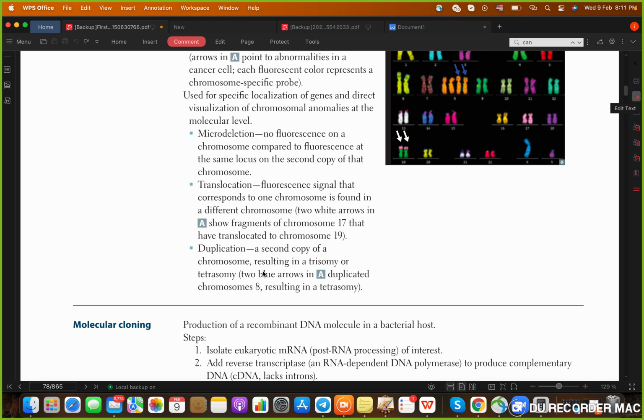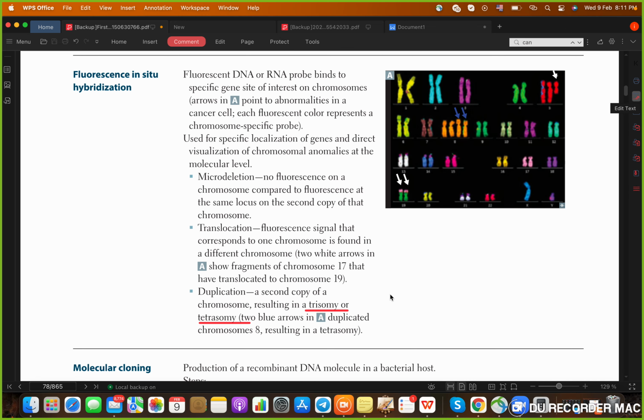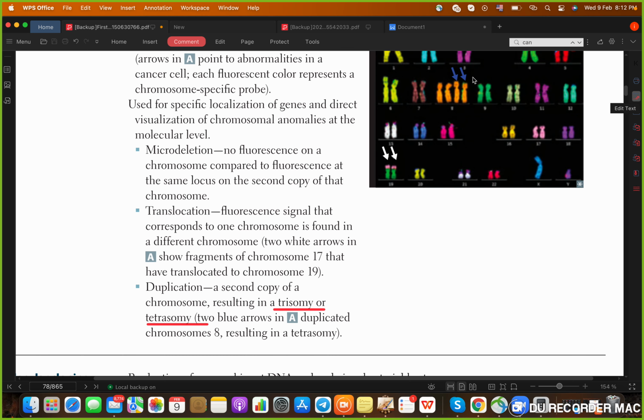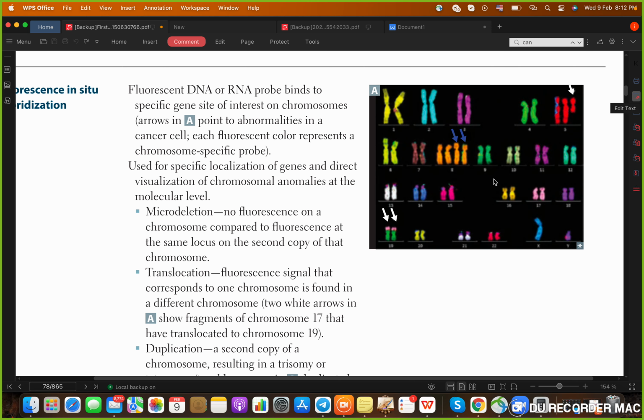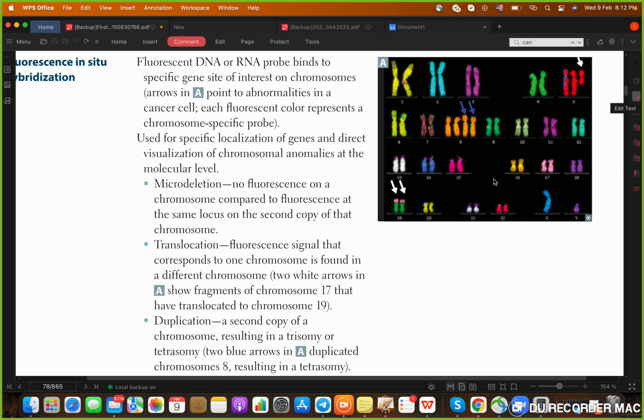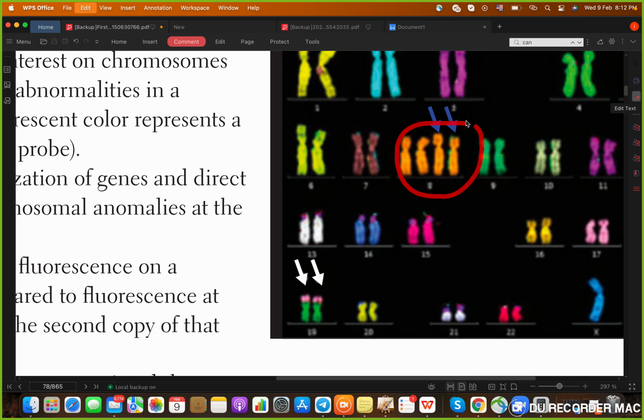Duplication, a second copy of a chromosome resulting in a trisomy or tetrasomy. The two blue arrows show duplication of chromosome 8. Oh yeah, this is a quadrisomy, right? Which means tetrasomy, which means we have 4 chromosomes. What else do we have here? Yeah, so here we have 4 chromosomes.